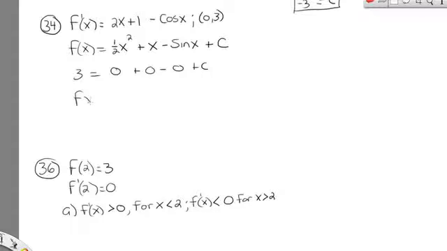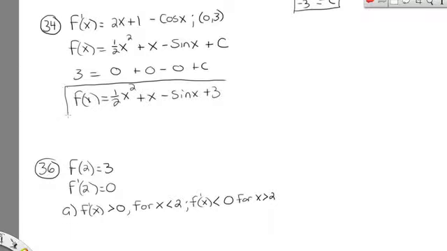So my answer is 1/2 x squared plus x minus sine of x plus 3. And again, this is the function that, when I take its derivative, would be what they gave me. And if I plug in (0, 3) into the original function, it works out.